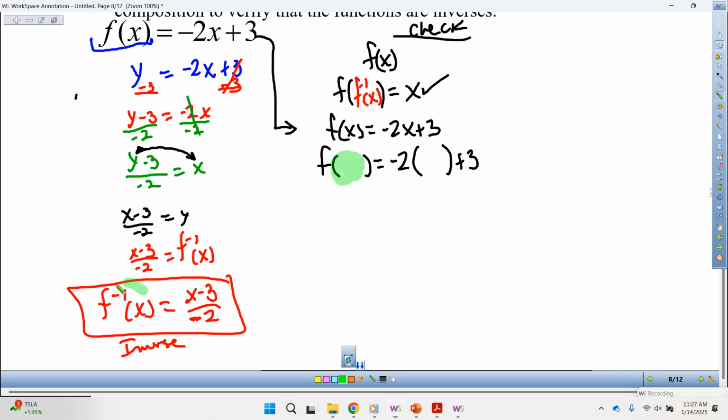Well, the inverse of the left side of the equal sign, so I'm going to substitute f inverse of x. What do I substitute for the x on the right side of the equal sign, Mr. Q? Well, on the right side, we're going to substitute the right side of the inverse function, which is x minus 3 over negative 2.